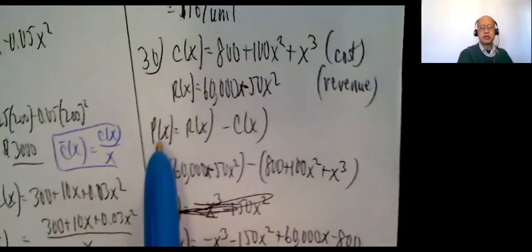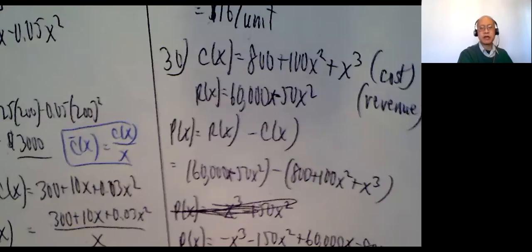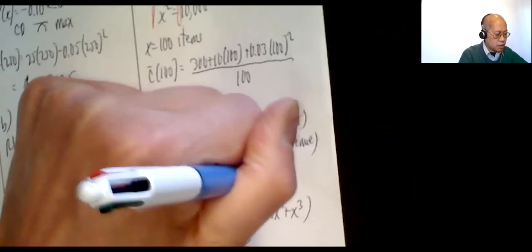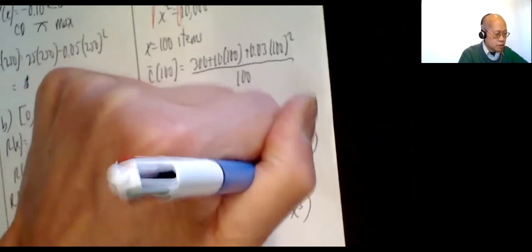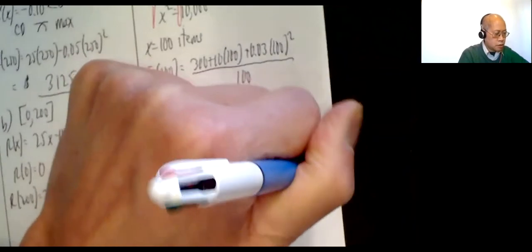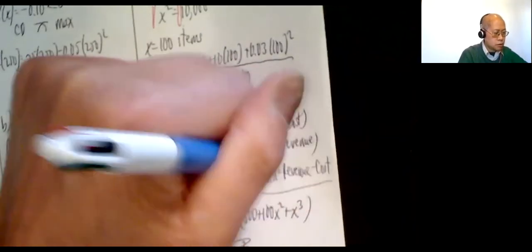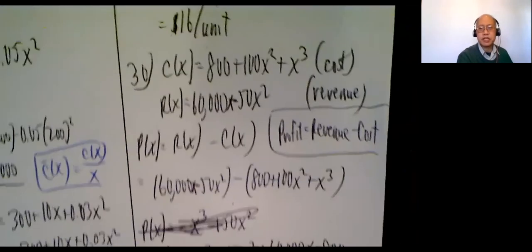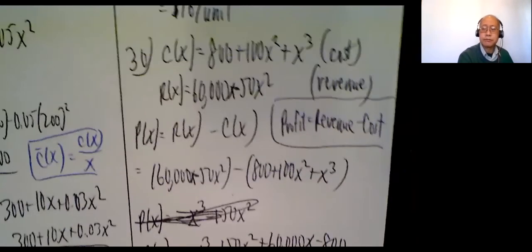Okay. So you can put this on your cheat sheet, but I don't think you need to. Profit equals revenue minus cost. I think you all know that, but just in case, I'll write it down. Profit is revenue minus cost. And of course, if you're in business, especially, you hope that's a positive number.